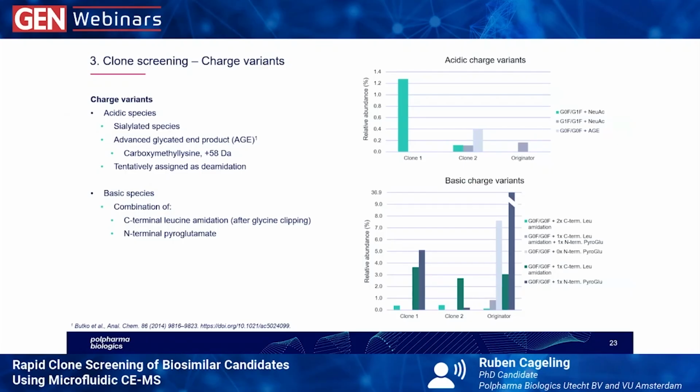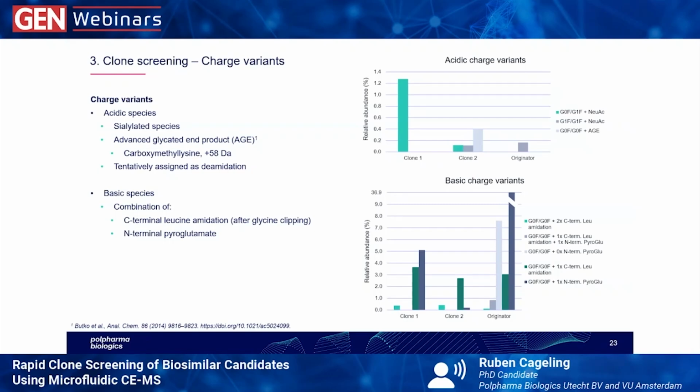For clone 2, we also found an advanced glycation end product, also called an AGE. In this case, it was carboxymethyllysine, which adds 58 Dalton. And this product really comes from glycation.